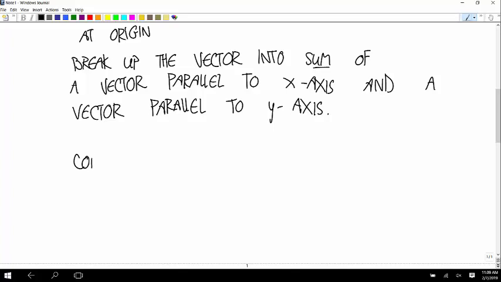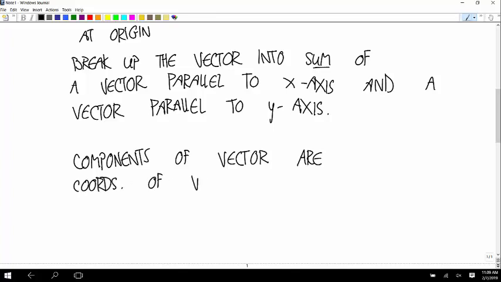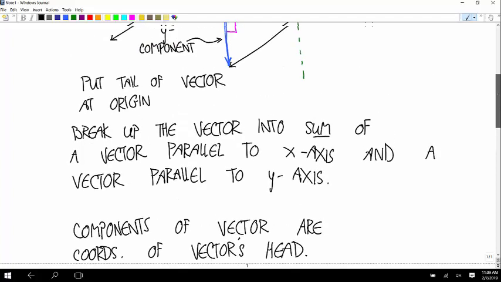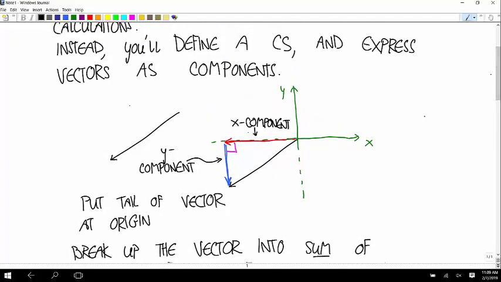And so the components of the vector are the coordinates of the vector's head. Okay, so in this case, if you think of it as the sum of two different vectors, you have to go in the negative x direction and then in the negative y direction.